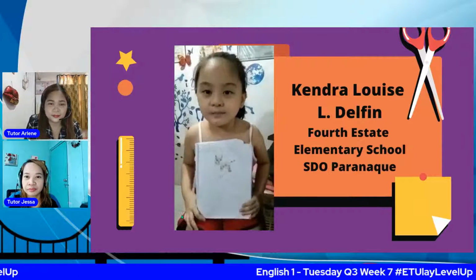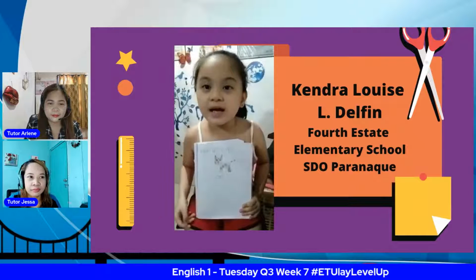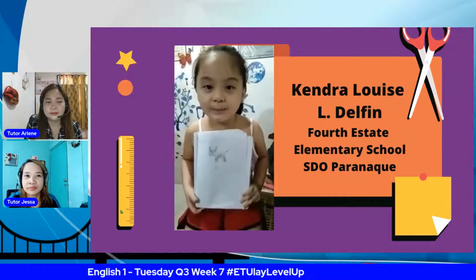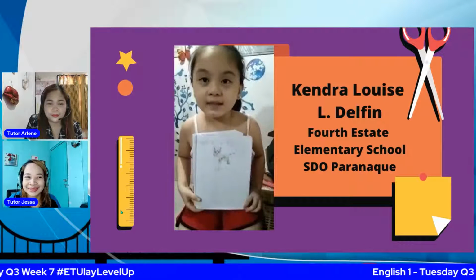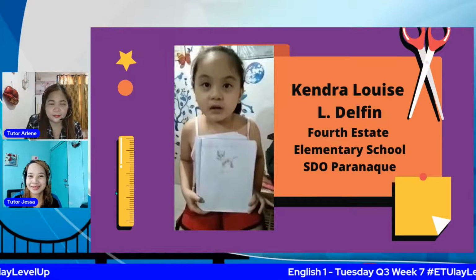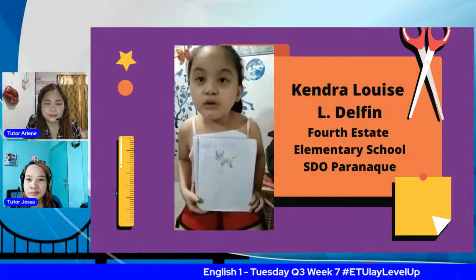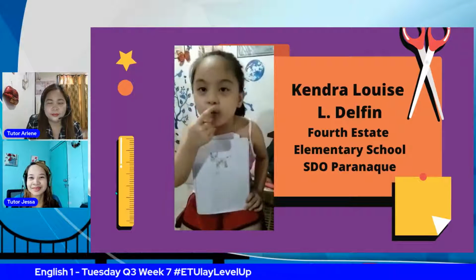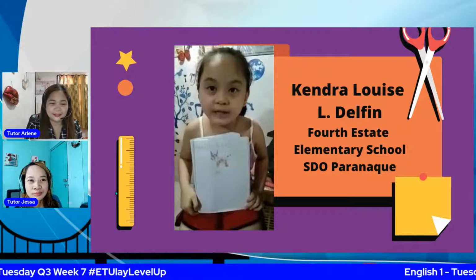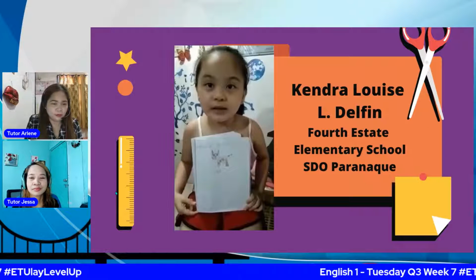This one is one of my favorite animals. It is a cat. My cat is colored brown with black dots, and the ears and nose are colored pink. That's why this is one of my favorite animals.